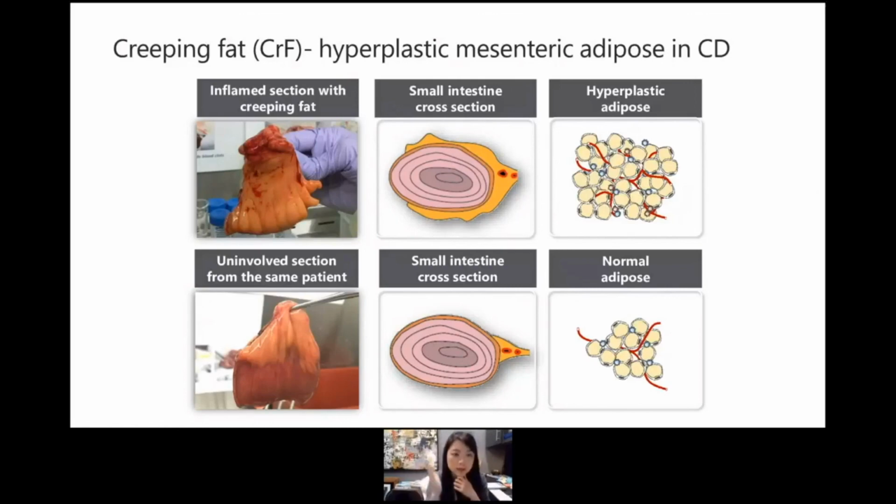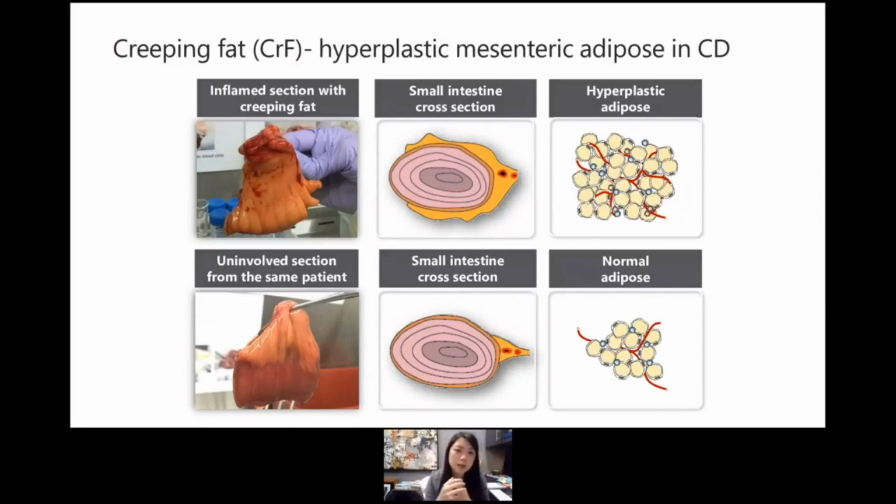If you cut these intestinal sections across, you would find that in the inflamed area where creeping fat occurs, this mesenteric adipose tissue wraps around the entire circumference of the gut. And so we don't really know whether this fat wrapping is making the disease or inflammation worse, or is actually a protective mechanism for the host.